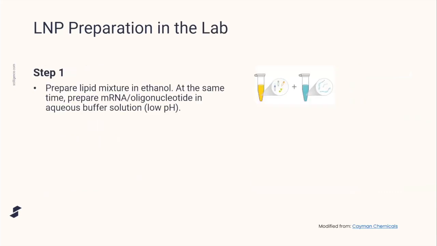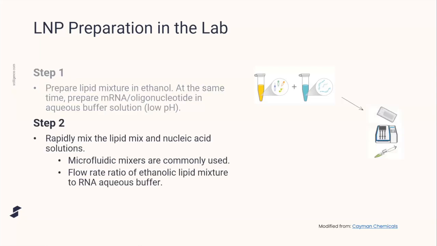and provide a good drug delivery system. So looking at how these nanoparticles are prepared in the lab to help inform the development of ELN experiments. In general, you prepare a lipid mixture in ethanol or a solvent, and at the same time prepare the nucleic acid in an aqueous buffer, usually at low pH, and then rapidly mix the two solutions together, most commonly with a microfluidic device.